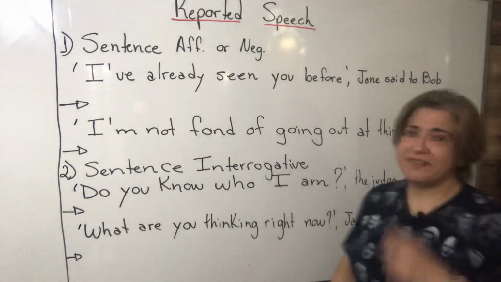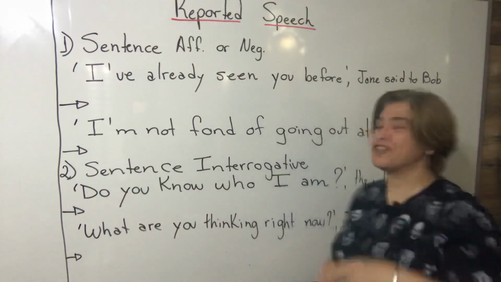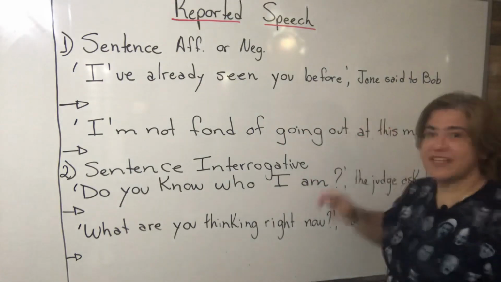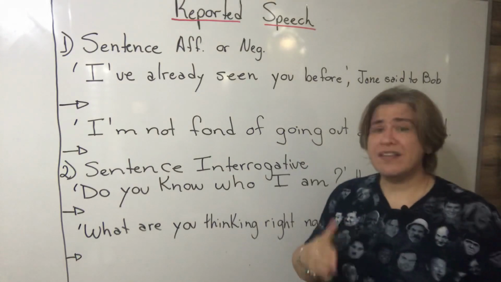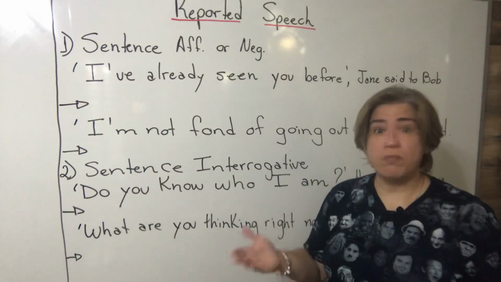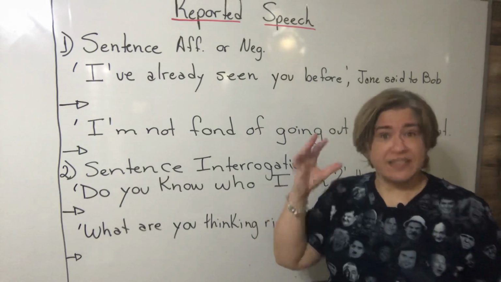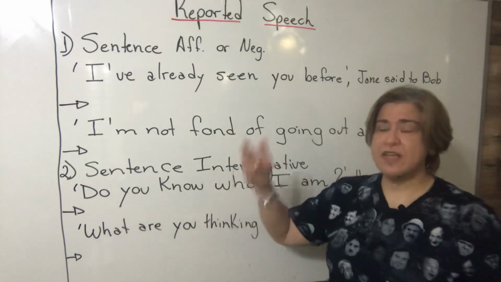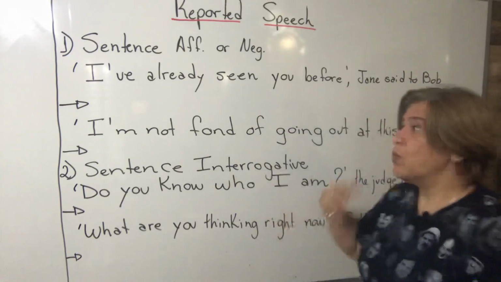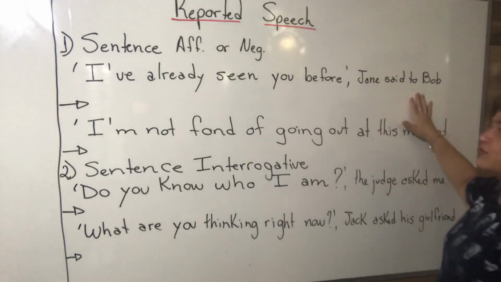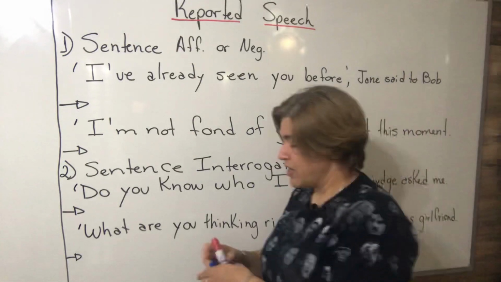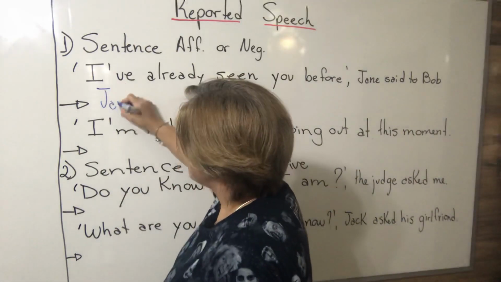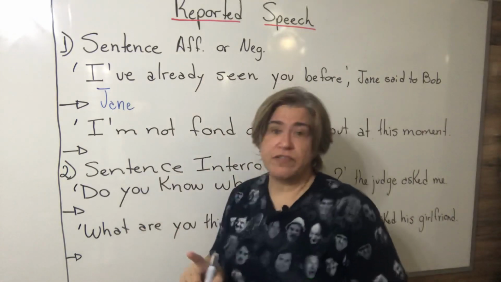And then the following question must come to your mind. Somebody hasn't heard this sentence and asks you, what did Jane say to Bob? So pretend that someone is asking you this question and you are going to report this sentence. Well, we are going to say Jane, and you are not going to use the verb said.